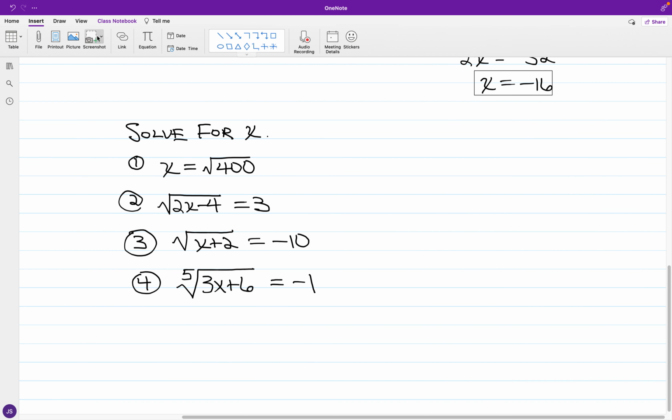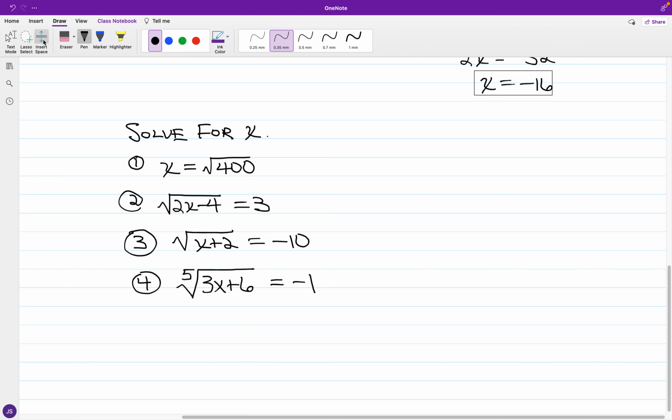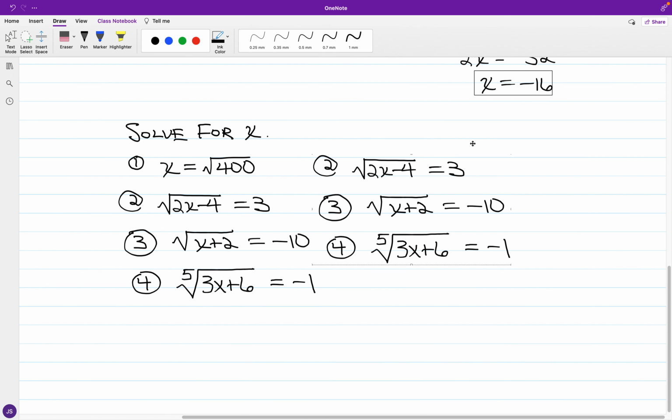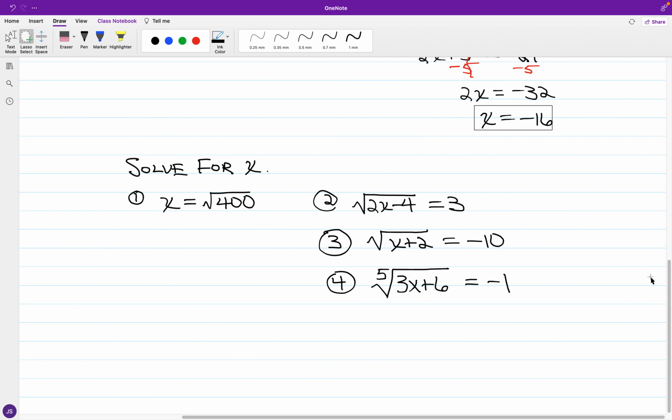So just looking at what we have among these items, for the first problem, we have that x is equal to the square root of 400. So we're going to have one value for x in this case, and with 400 as a perfect square value, the square root of 400 is going to come out to 20.